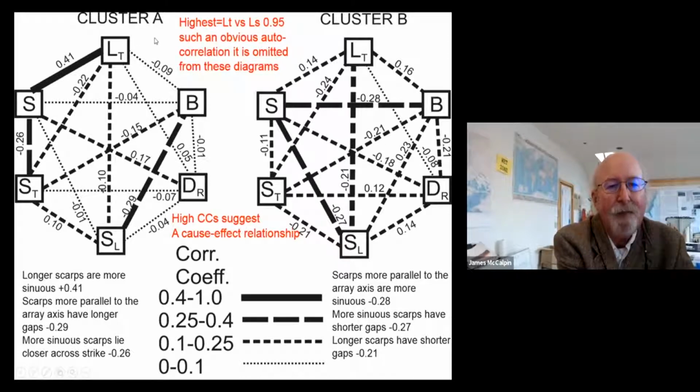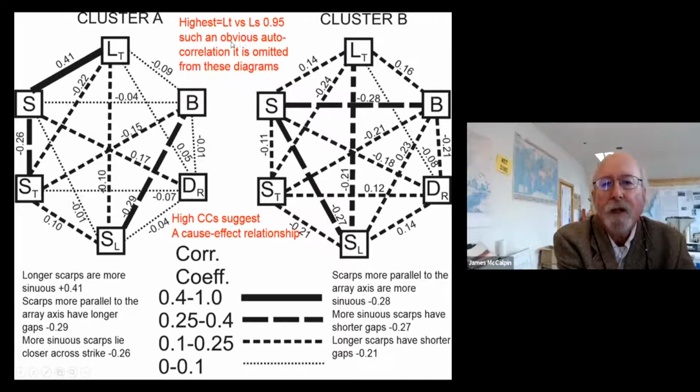Each one of these bars is the correlation coefficient between those two variables. And you can see that here's the key to how strong the correlation coefficient is, and most of them are pretty weak.